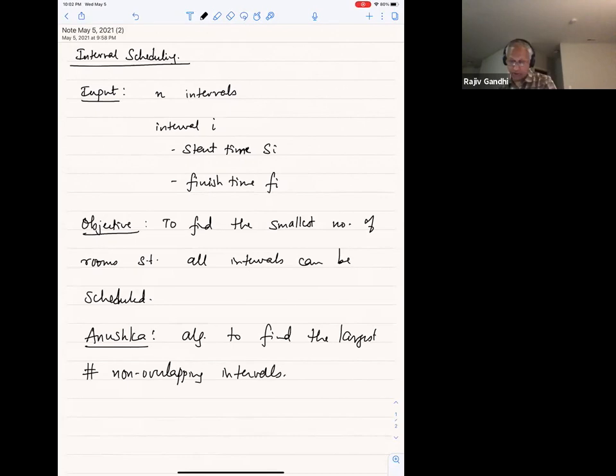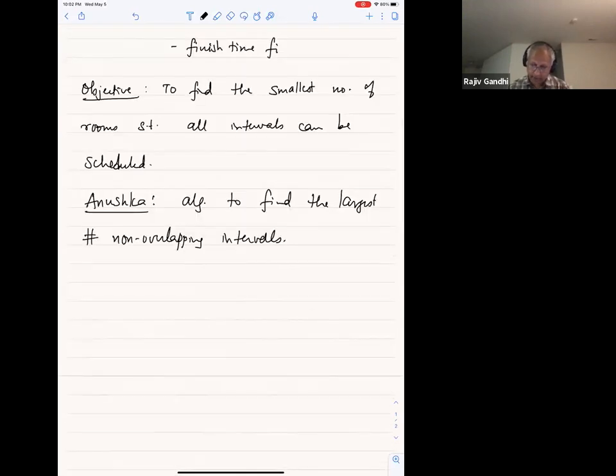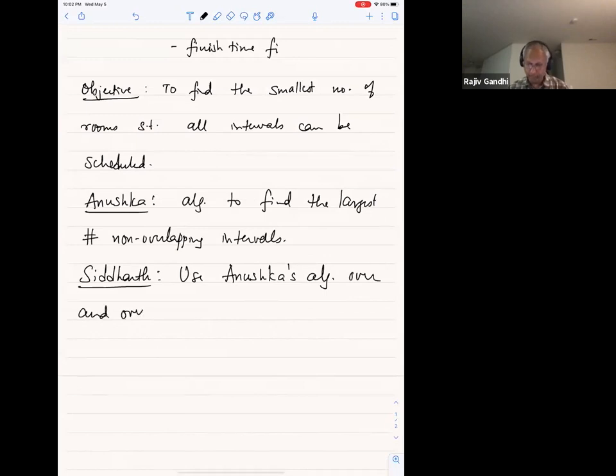That is what Anushka had given us. And then what Siddharth was suggesting is to use Anushka's algorithm over and over until all intervals are scheduled.